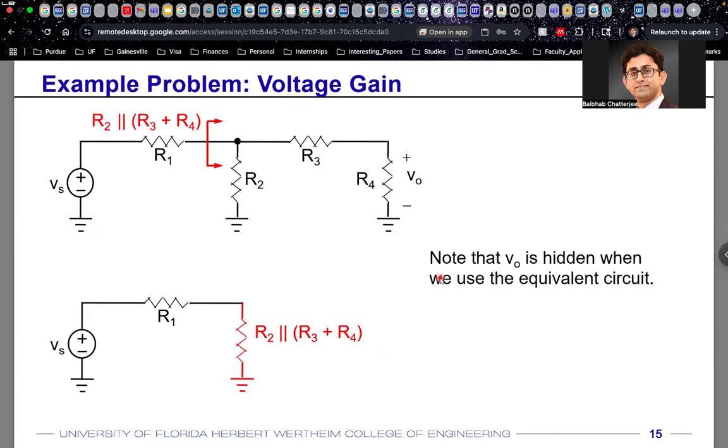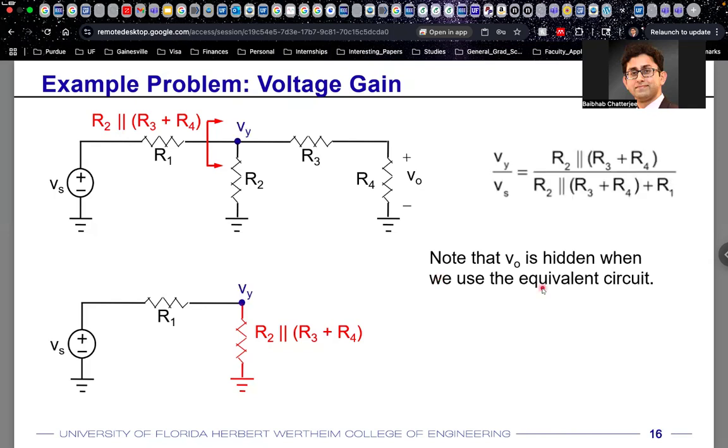So what you see from here is R1, and what you see from here is R2 in parallel with R3 plus R4. Okay, so let's represent all of that with just one resistance. We are simplifying the circuit. So you have R2 in parallel with R3 plus R4. That's what you have at this point.